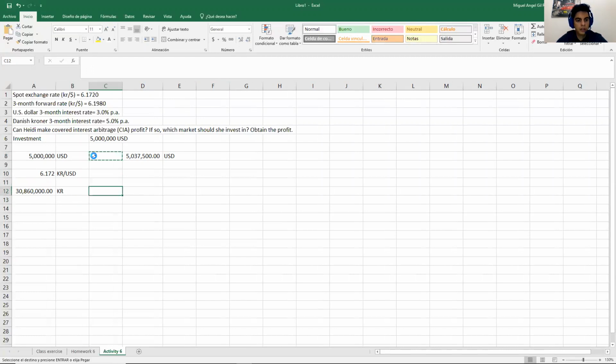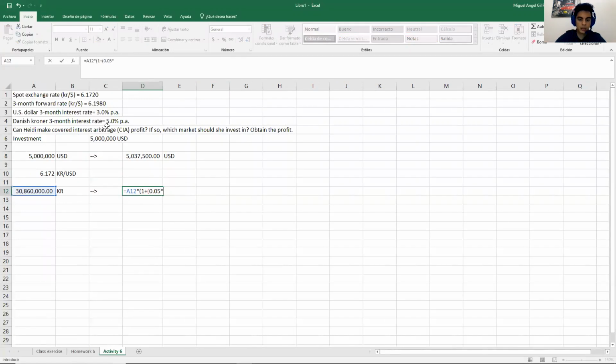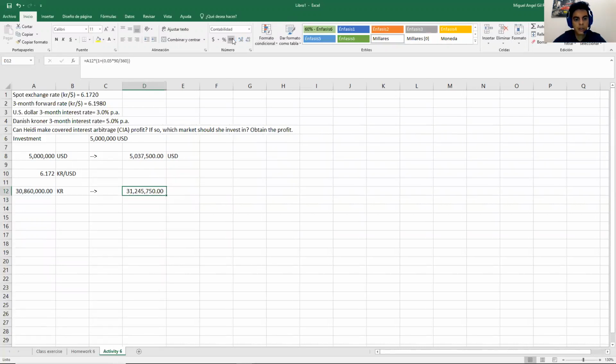The next step is to invest the money in Denmark. So this times 1 plus the Danish interest rate, 5%, times 90 over 360. This is the amount of crowns that you will have in the future. And finally, I need to go back to the US, so I will have to use the forward rate to calculate this.